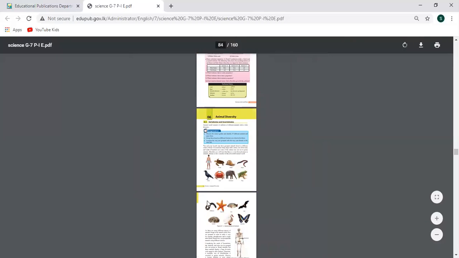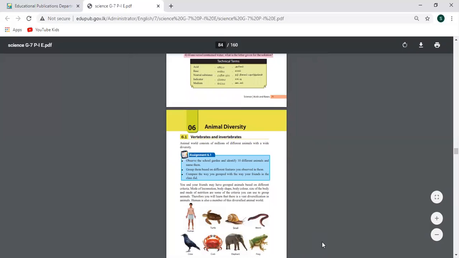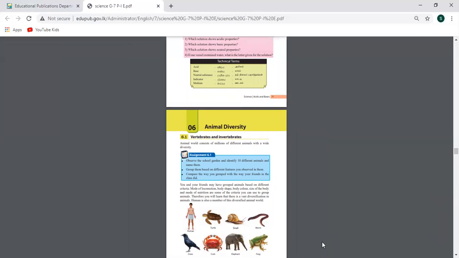Animal diversity. This animal diversity is very simple, and that means the animals are divided into two main parts called vertebrates and invertebrates.